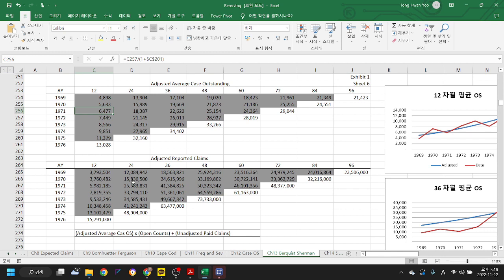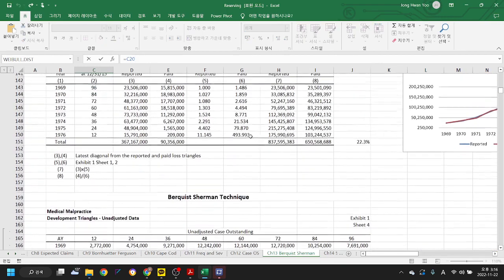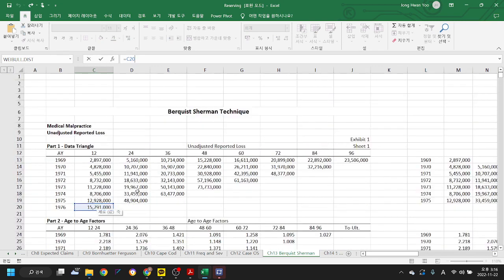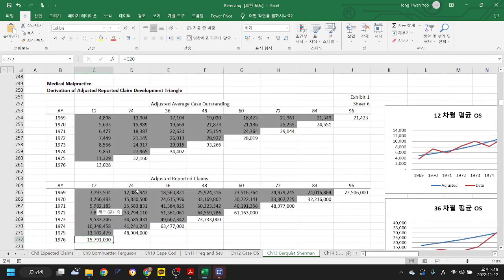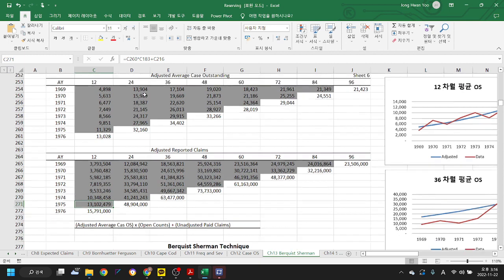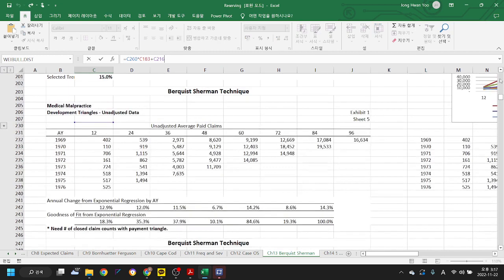And also I've got this, C20. I just get the reported loss amount. And then here I apply the adjusted average case outstanding, this detrended one, times the open claim count, right?